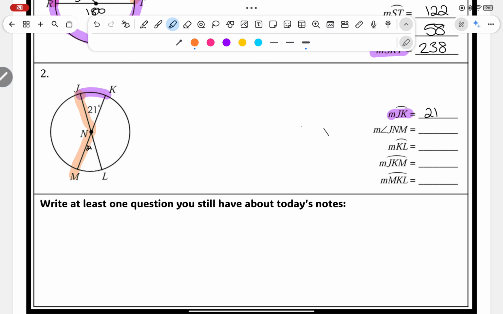And because the measurement of angle MNL is also 21, I can subtract that from 180 to get 159 degrees for my angle JNM. JNM is vertical to KNL, which also means its angular measurement will be the same.